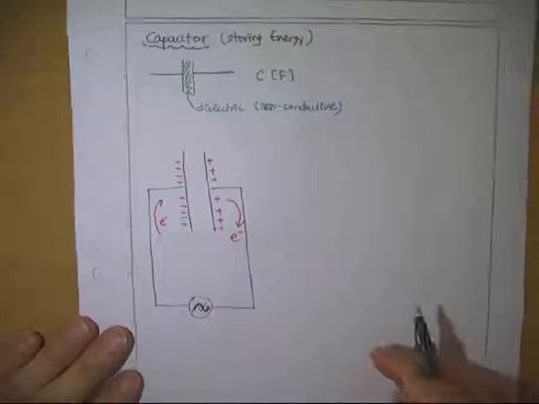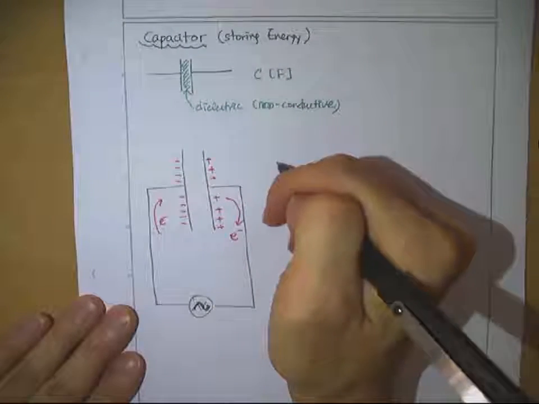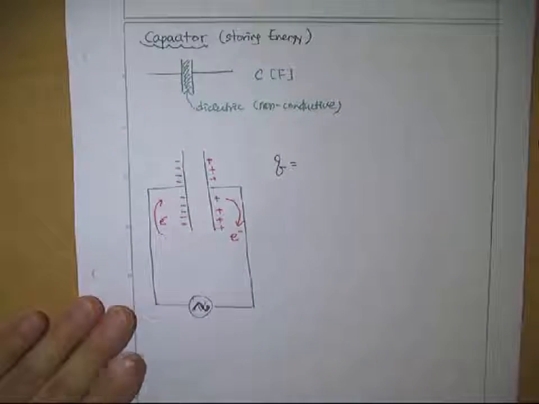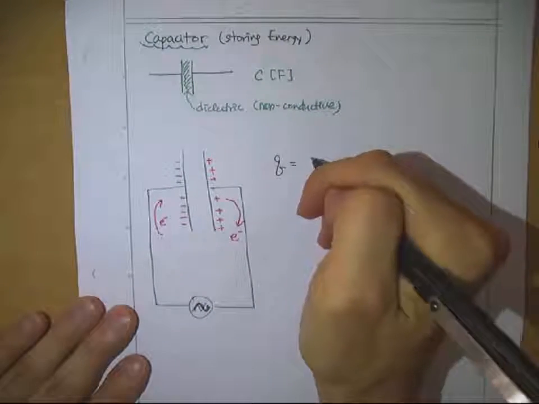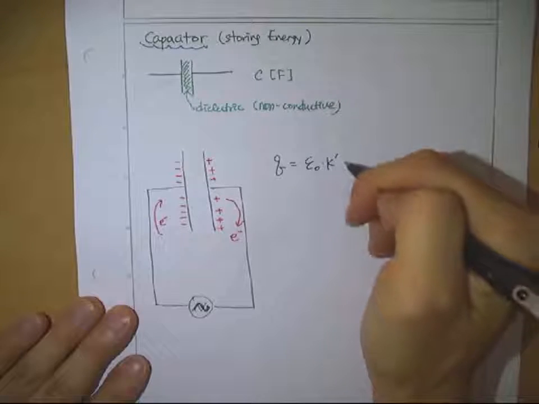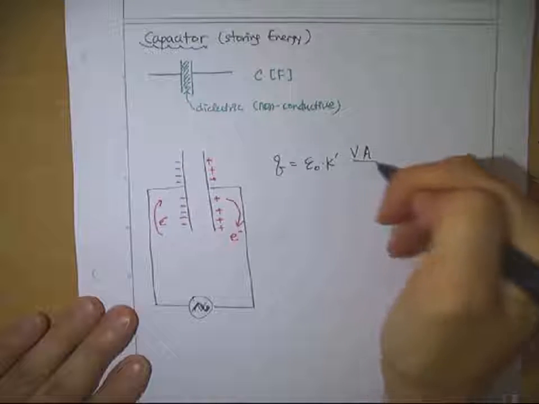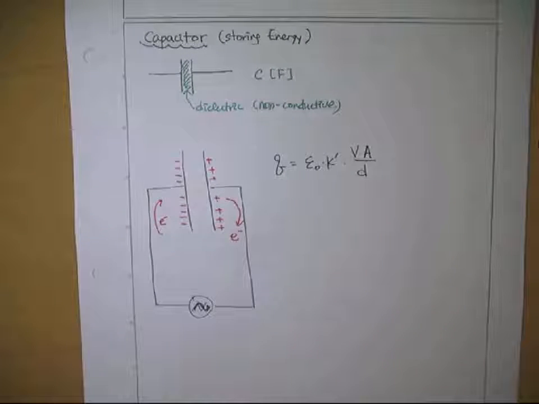And the amount of charge that can be stored in this capacitor is epsilon times kappa prime times the voltage and A over D. So as you apply more voltage, then you can store more charges. Okay?